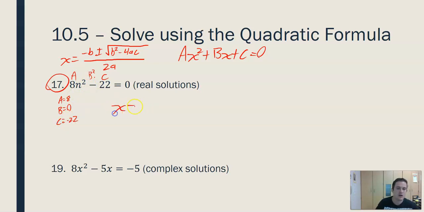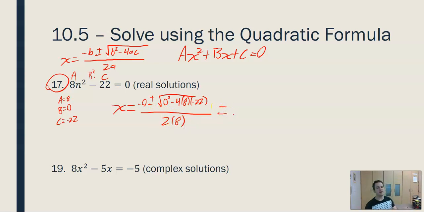So the quadratic formula is negative b, which is negative 0, plus or minus the square root of b squared, which is 0 squared, minus 4 times a, which is 8, times c, which is negative 22, divided by 2 times a, which was 8.